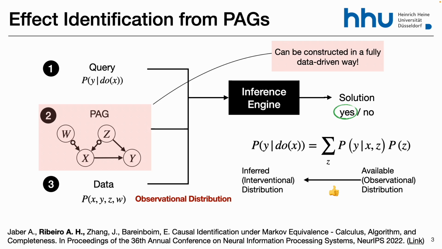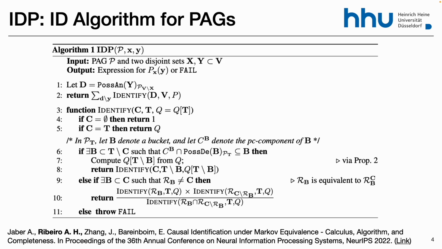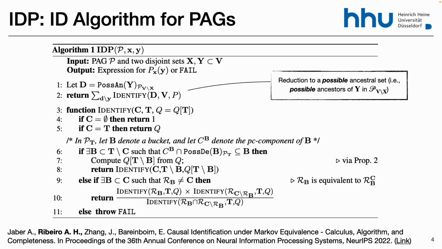And we will see this algorithm, which is called IDP, basically the ID algorithm for PEGs. It has a similar structure, if you remember. In the beginning, we do this simplification of the problem where we compute the ancestors of Y in the graph P, V minus X. This is exactly as we did in the ID algorithm.